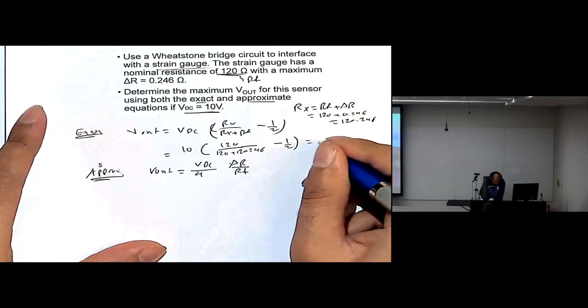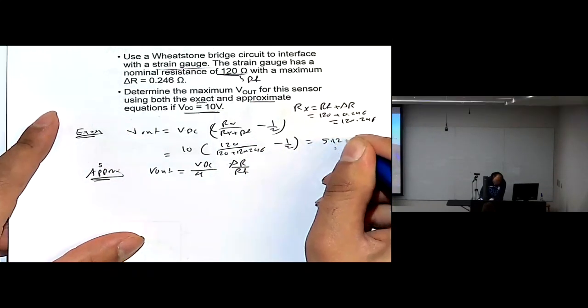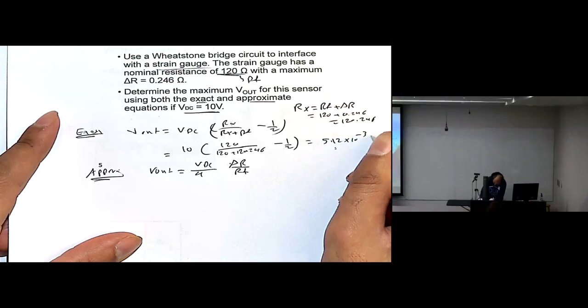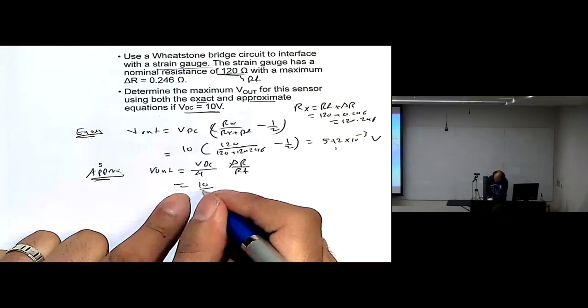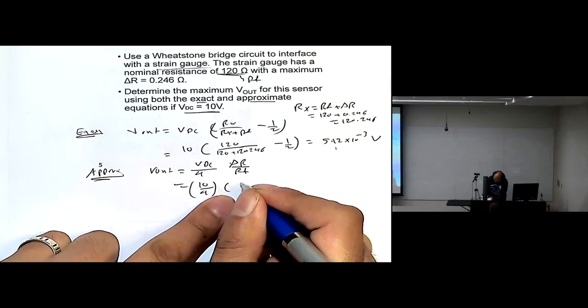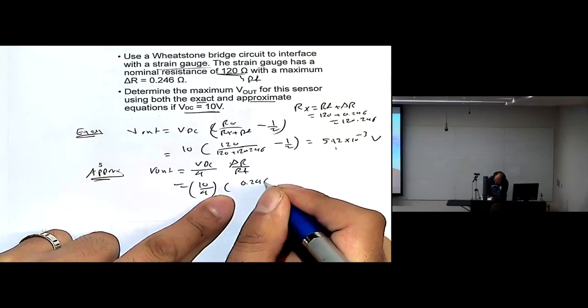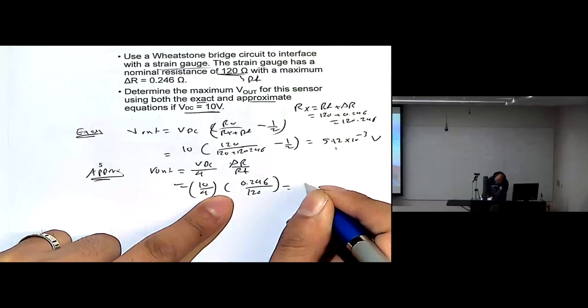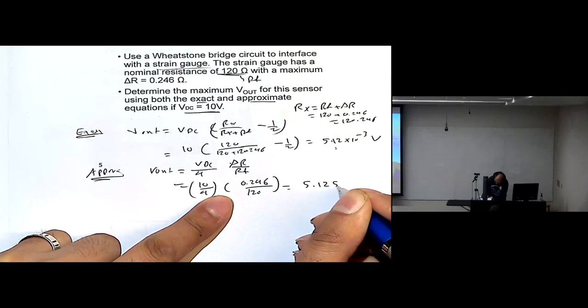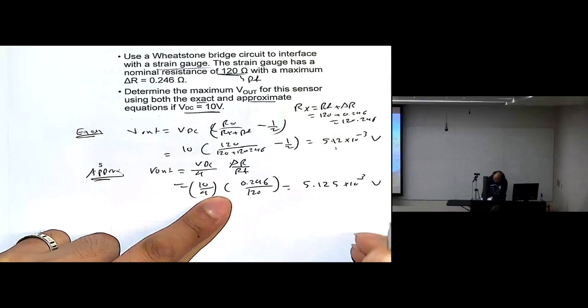Then the answer will be 5.12 times 10 to the minus 3 volts. For the approximate, VDC 10 over 4 times delta R, which is 0.246, over RF 120. And the answer will be 5.125 times 10 to the minus 3 volts.